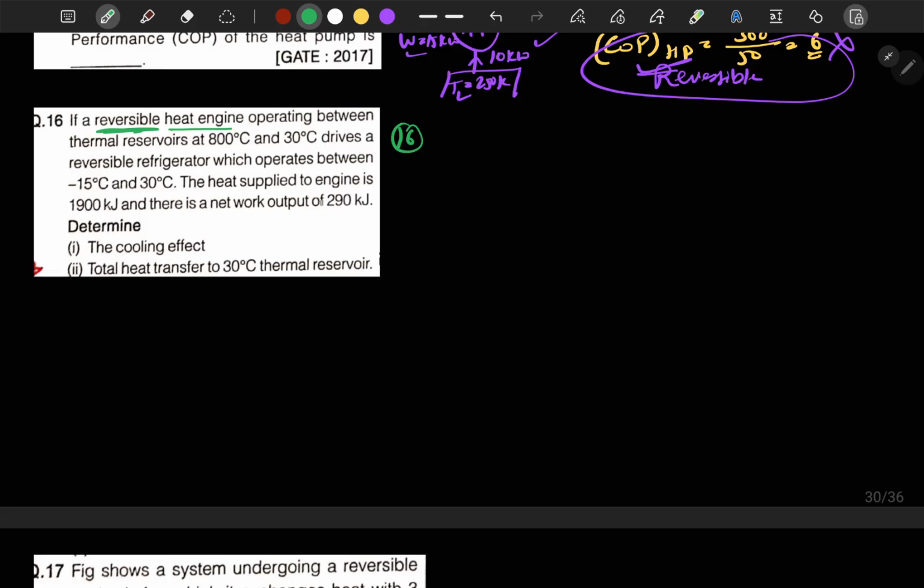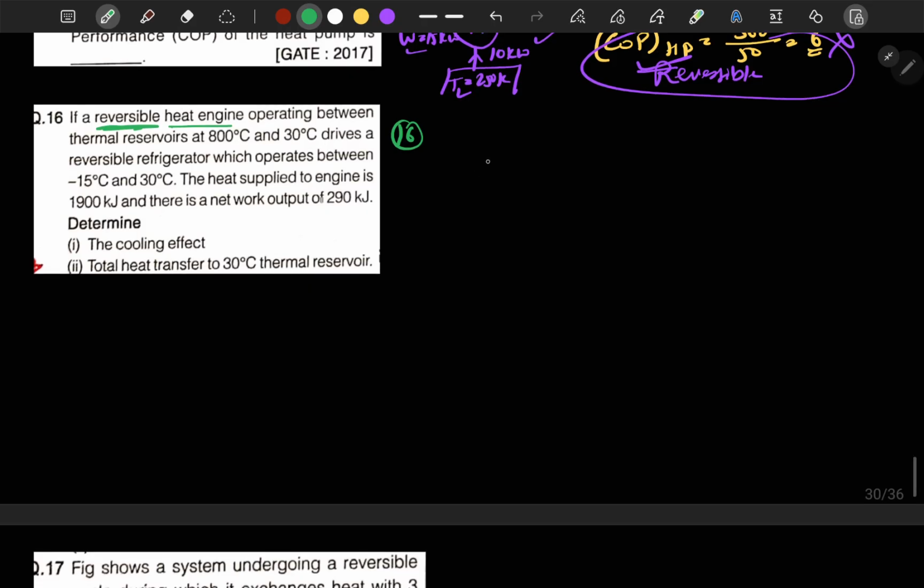So let's draw a diagram for this operation first. The heat engine operates between, let's say, T1 equal to 800 degrees Celsius, which will be 1073 Kelvin.